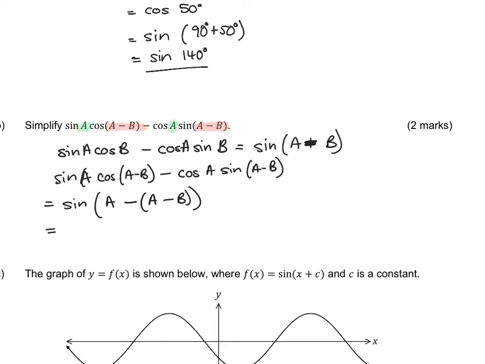If I expand what's inside the brackets, A minus A is 0, minus 1 times B. So this is sine of minus B. Other ways to do it, but that's the most simple.